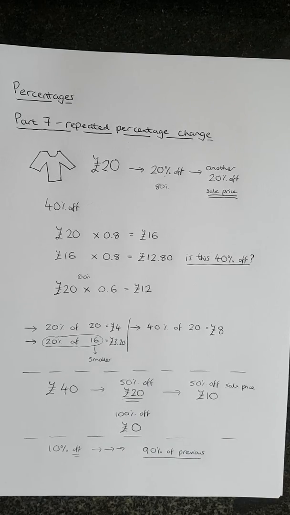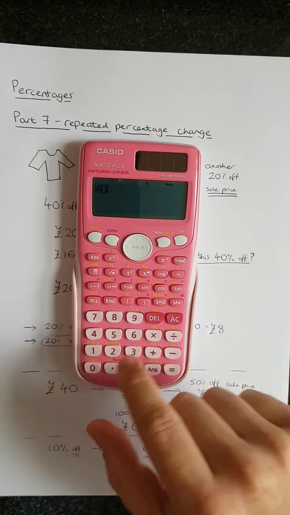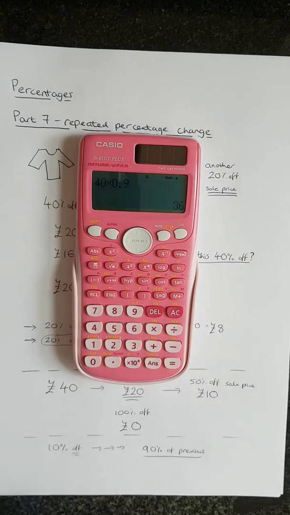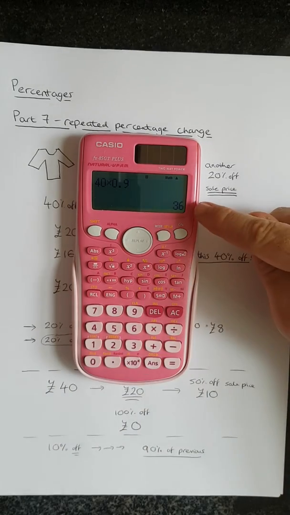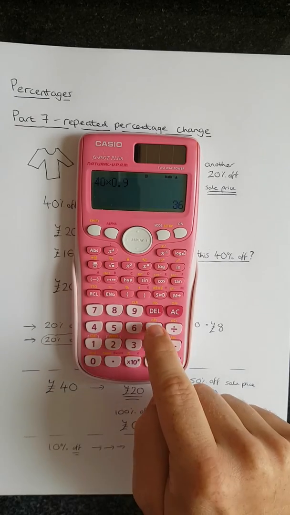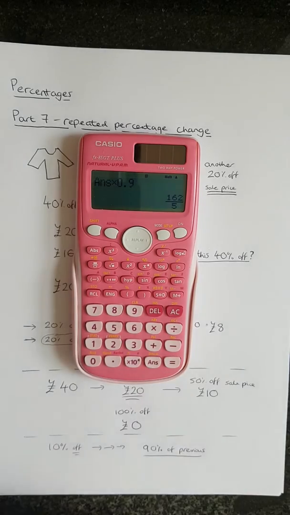Let me use the calculator to show you this. So let's start with £40 and let's multiply by 0.9. So losing 10%, there it is. Now, if I times by 0.9 again, I get 32.4.